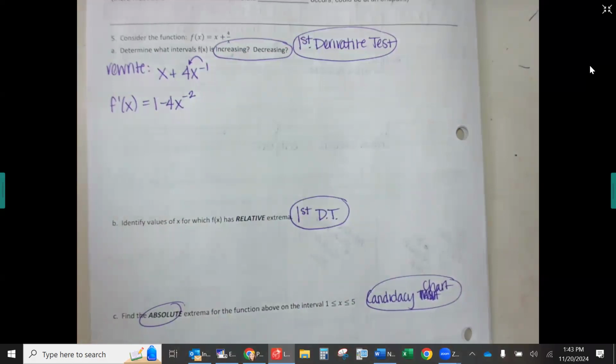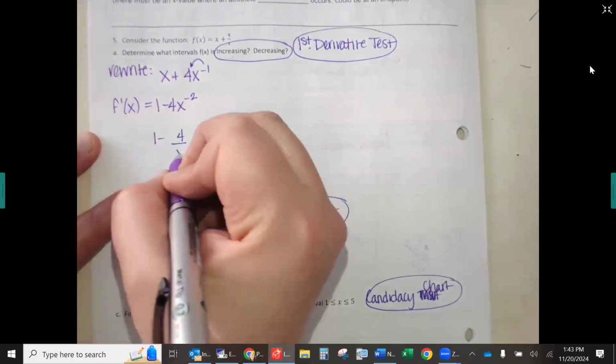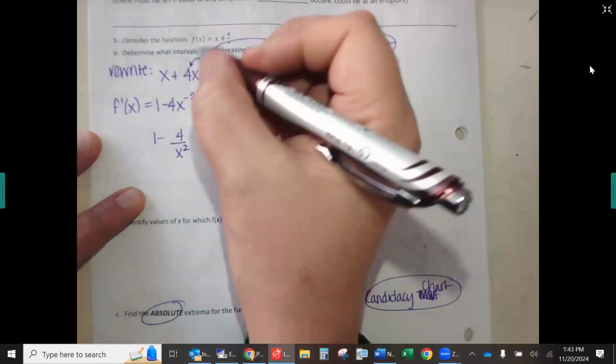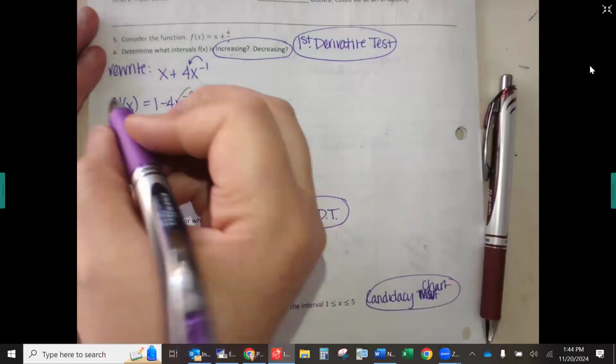Okay, then from there, I want you to take, now that we've taken the derivative, take your x to the -2, push it back down. So your f prime of x is gonna be 1 minus 4 over x squared. And we're basically just gonna push this guy back down. Okay, in order for you to do a sign chart, you need that to be one term, not 1 minus and then a fraction. So what would I have to times the 1 by so that this can all be like one big thing instead of two separate? I want to get a common denominator.